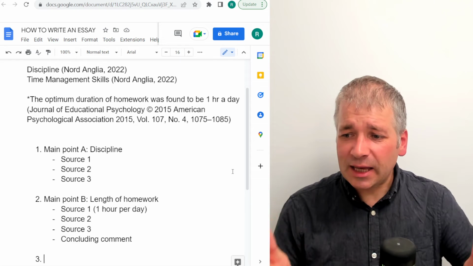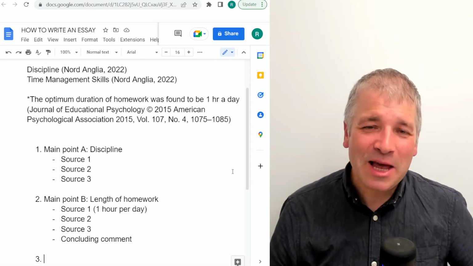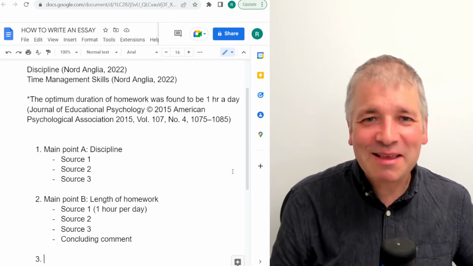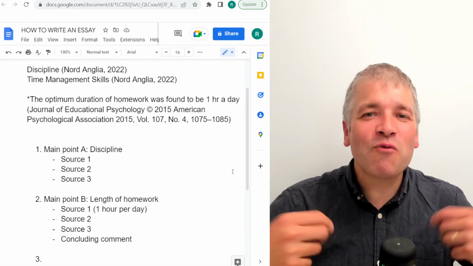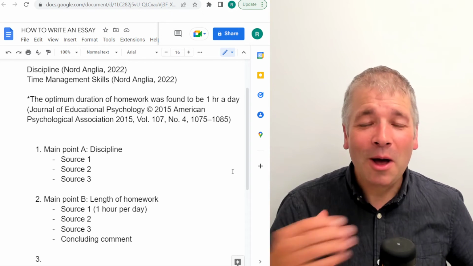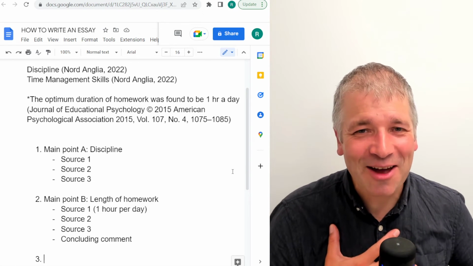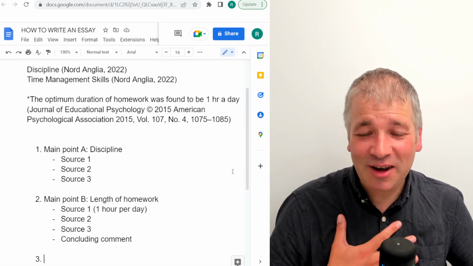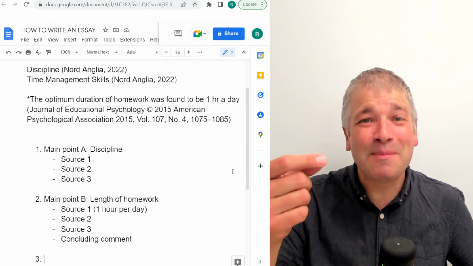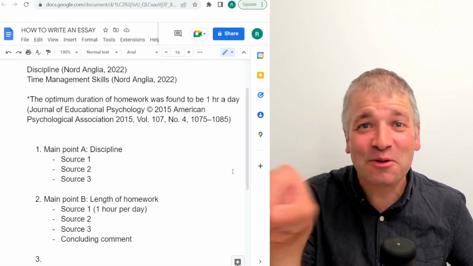And then finally, point 6 is the bit where you finally start writing the essay. You've gone through points 1, 2, 3, 4, 5 without writing the essay at all. When I was 18 and I arrived at university and I got an essay question, I used to see the essay question and I used to just start writing. And it was in pen in those days, so I couldn't cross it out.